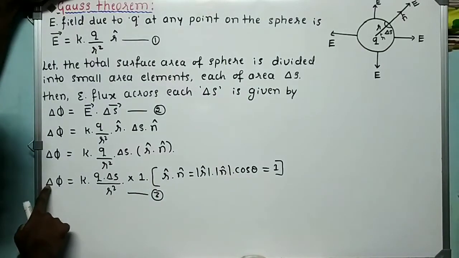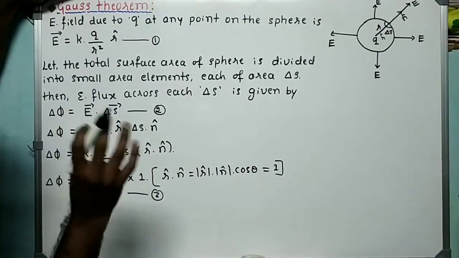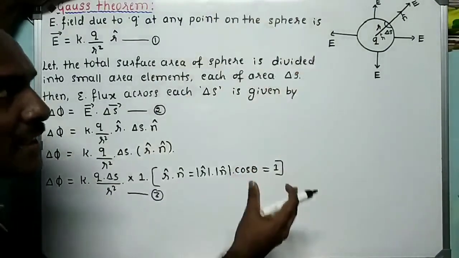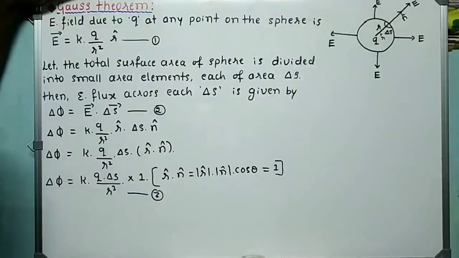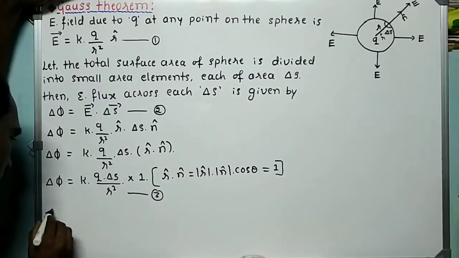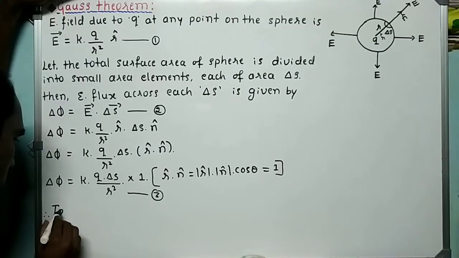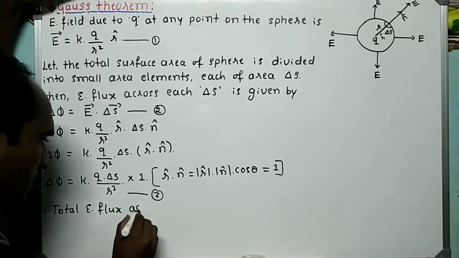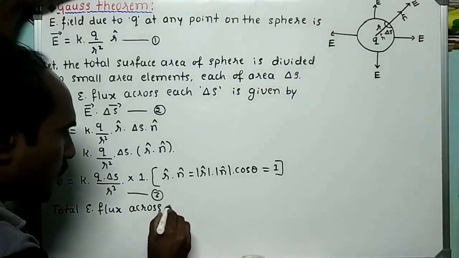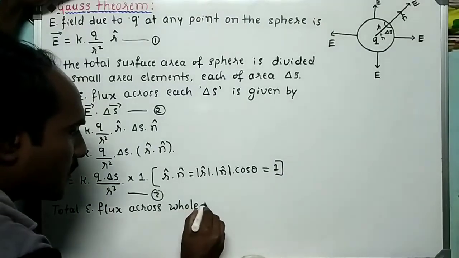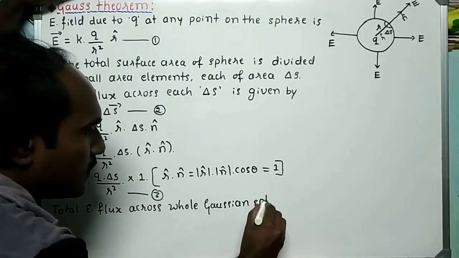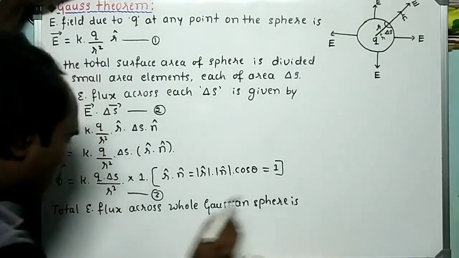Now this is the total electric flux across the area delta S only. But we want the total electric flux across all delta S which are present in the Gaussian surface. This can be calculated by taking summation. Therefore, total electric flux across the whole Gaussian sphere is what?